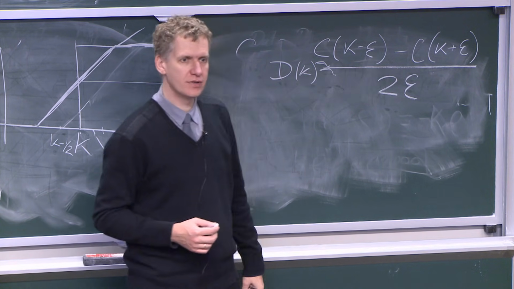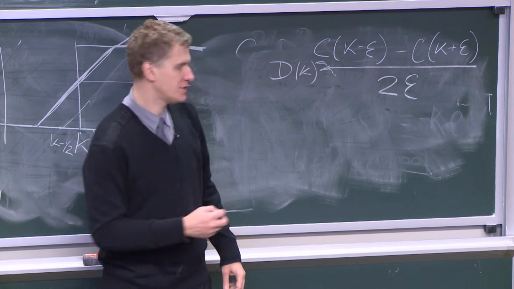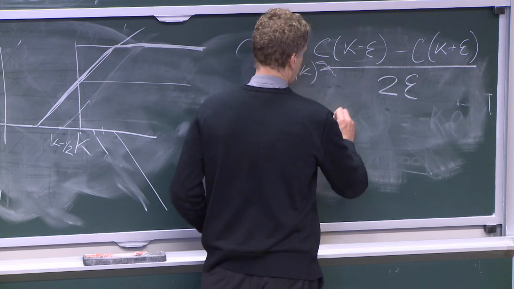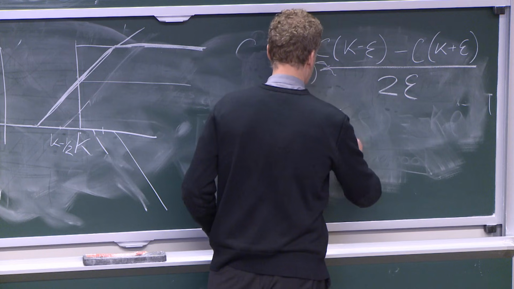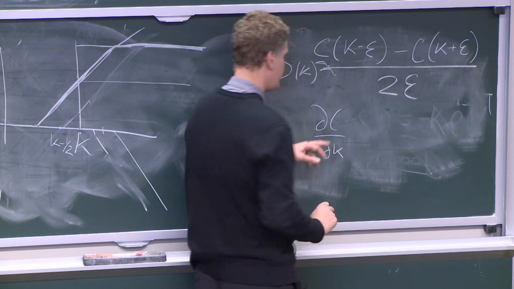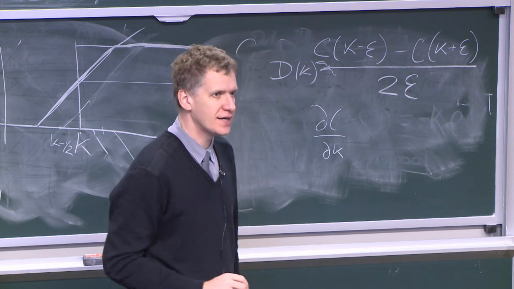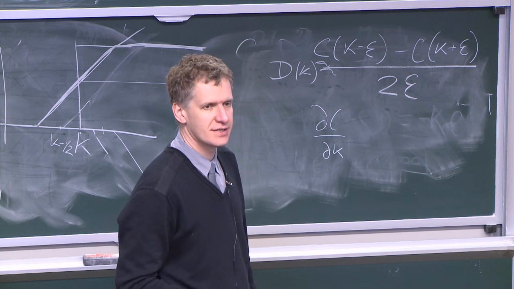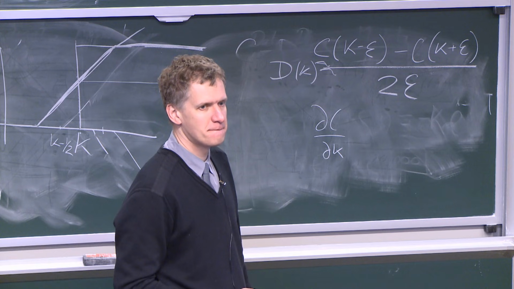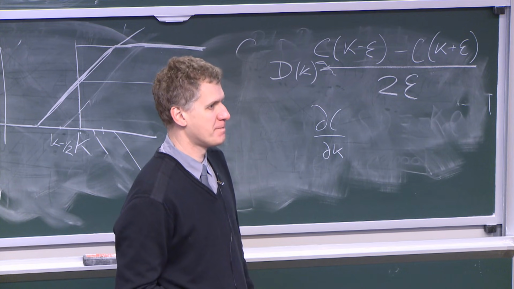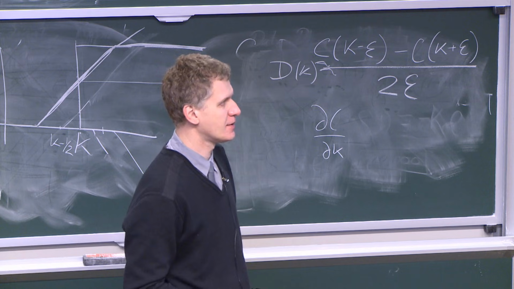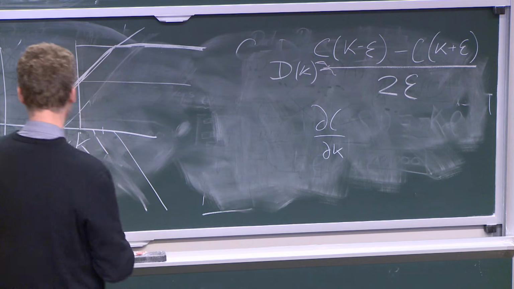But now tell me, is it surprising that, what does it remind you? Yeah, so it's the derivative of the call price with respect to strike, right? Is it surprising? How did our call price look like?